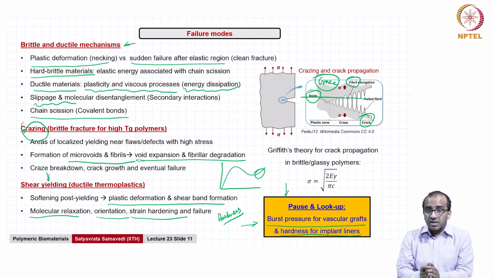You can do this as a test and see if you are able to understand what burst pressure is for vascular grafts, and for implant liners what is the role of hardness, what are the tests, what are the properties you can extract from them, and what kinds of properties we are talking about for polymers that are used in those kinds of applications.